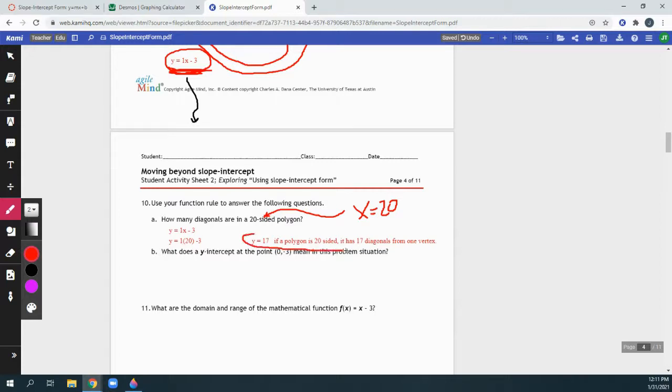But here's our answer. We just plugged in 20. We got out 17. 20 minus 3 is 17. And that means that if a polygon is 20-sided, it should have 17 diagonals from one vertex.